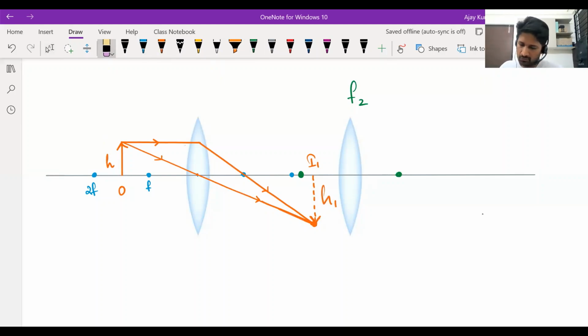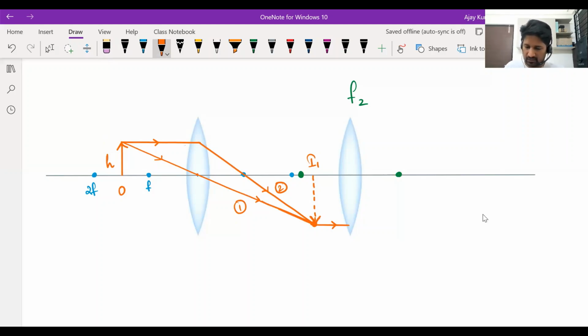From H1, if you do the ray tracing now, one ray travels parallel to the principal axis. Now you may ask, sir, how is this ray even being produced? The original rays were going like this. Where did this ray come from? These two are not the only rays participating in image formation. There will be infinite other rays participating in image formation.